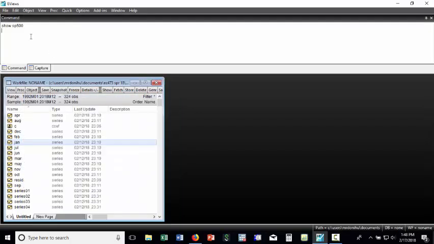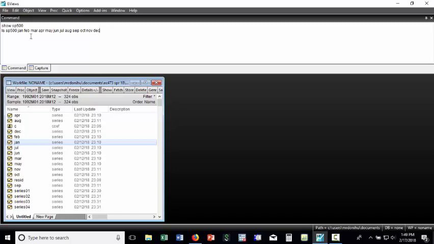Now I could run a regression. In EViews, the command ls runs a least squares regression of SP500 on all 12 of these dummy variables: Jan, Feb, March, April, May, June, July, August, September, October, November, December.